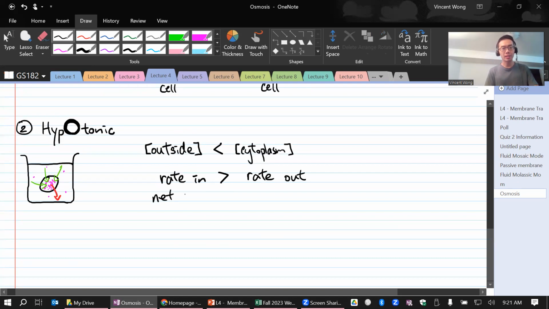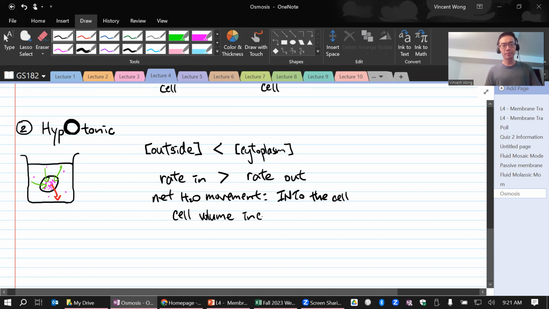So net water movement is into the cell. And cell volume increases.